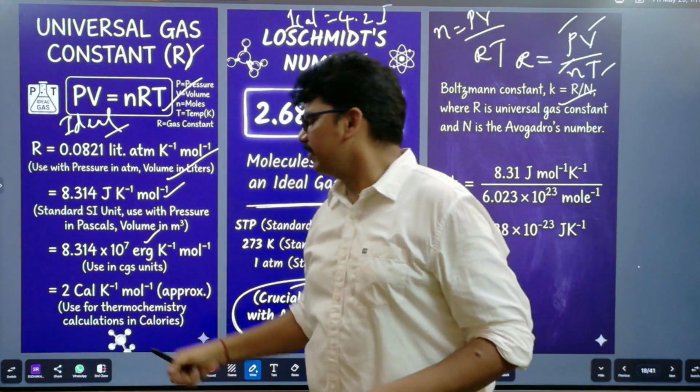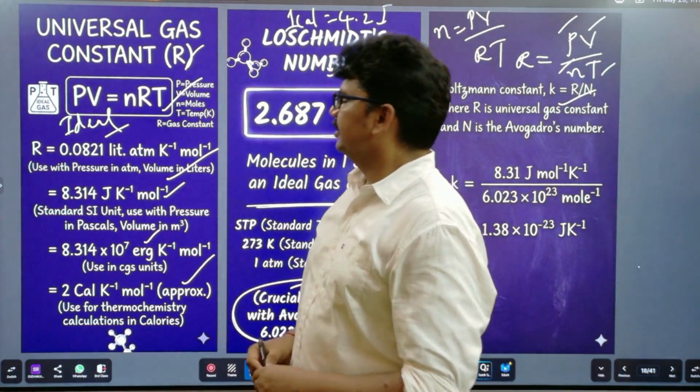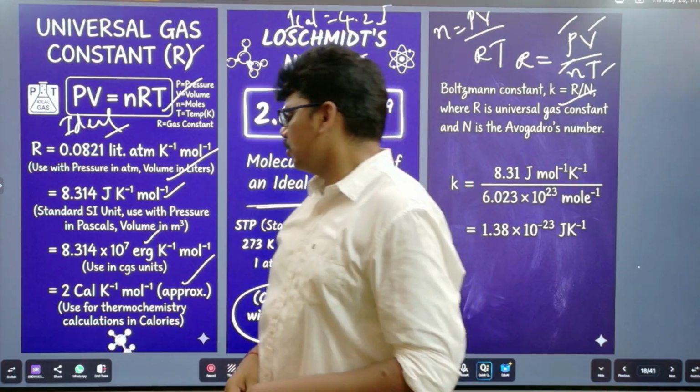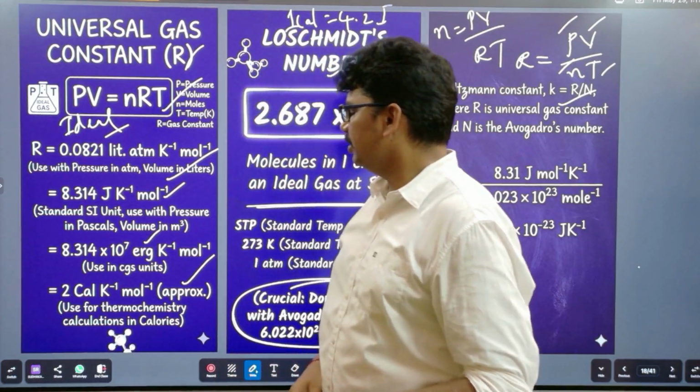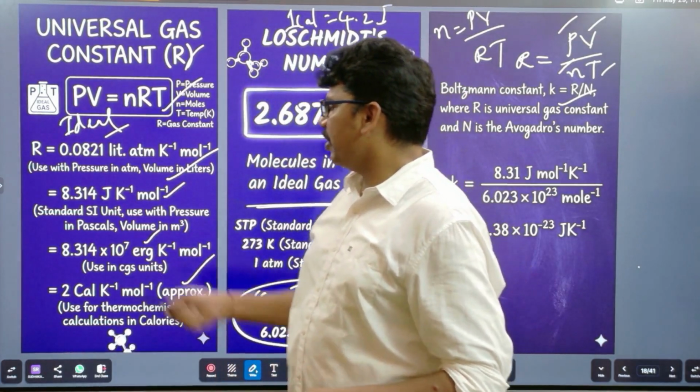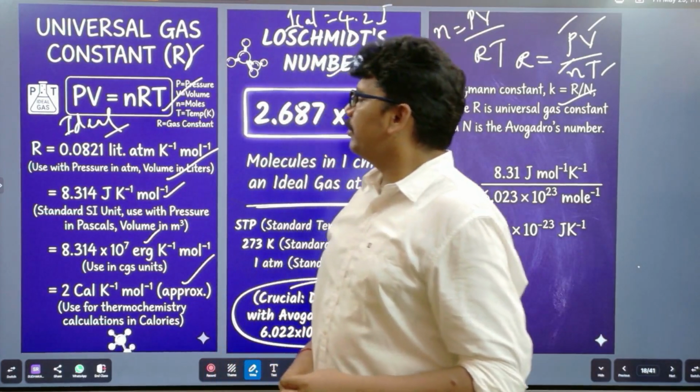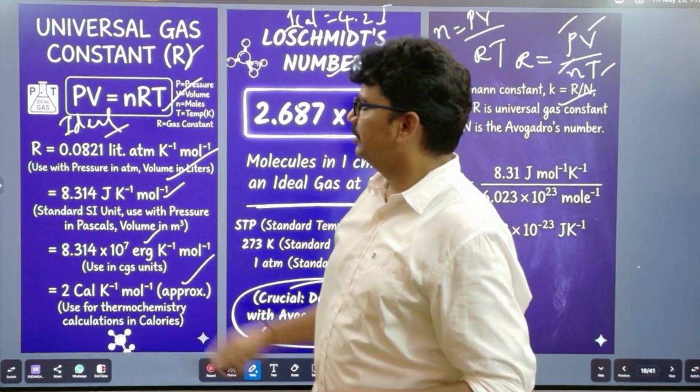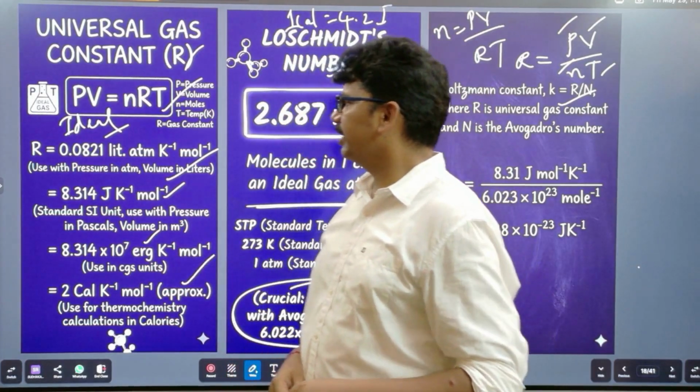So you can go for these conversions. In terms of calorie, the universal gas constant value is 2 calories per Kelvin mole. In SI units, 8.314 joules per Kelvin mole. When pressure and volume are given in common units, 0.0821 liter atmosphere per Kelvin mole.